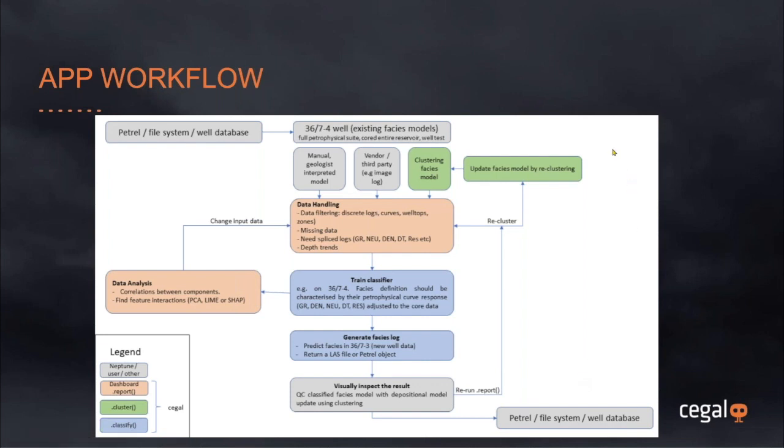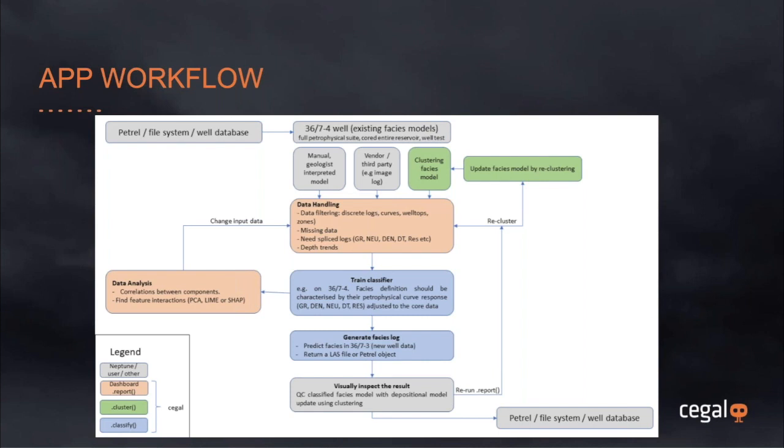What we wanted to do is collect our type well from this database, and then build something from the lithology interpretations that we had available. For this type well we had an interpretation by the field geologist. We had a third-party interpretation that they had gotten from a vendor. So that was our starting point.